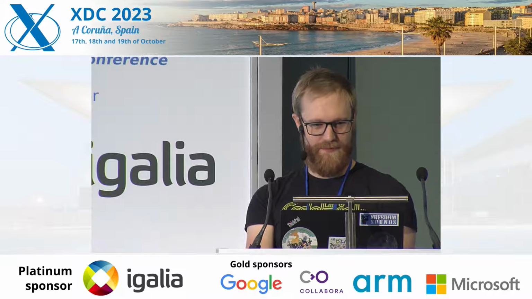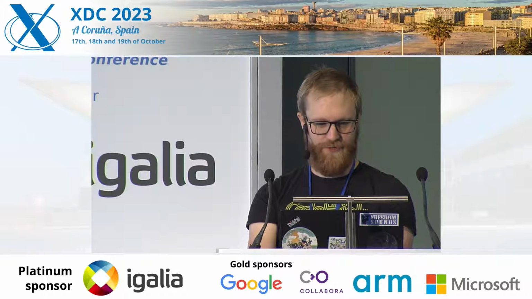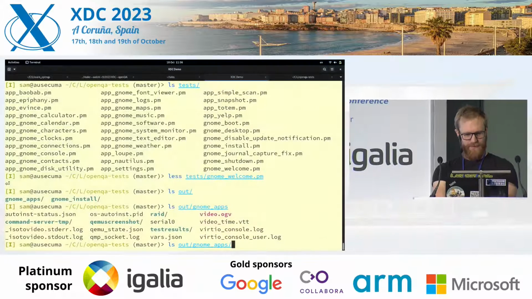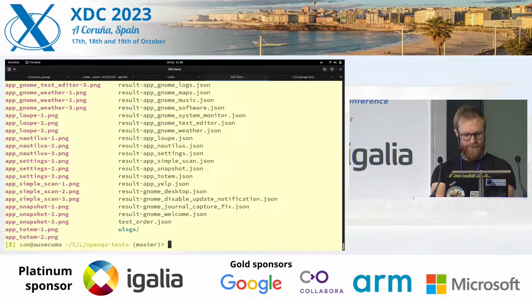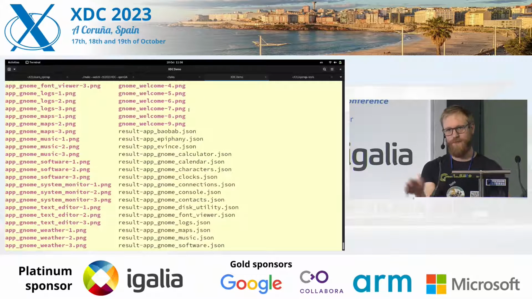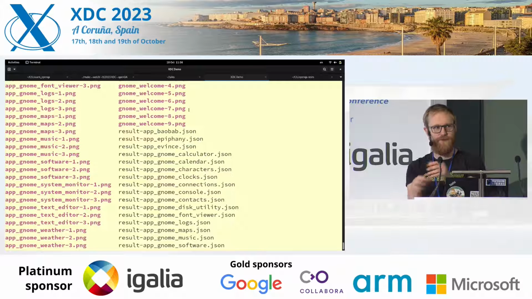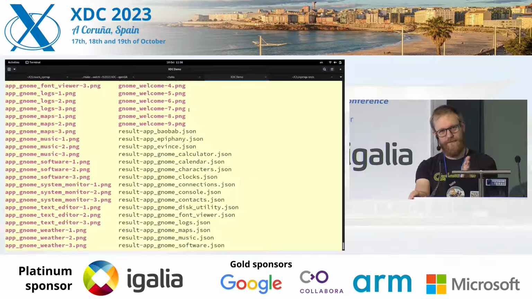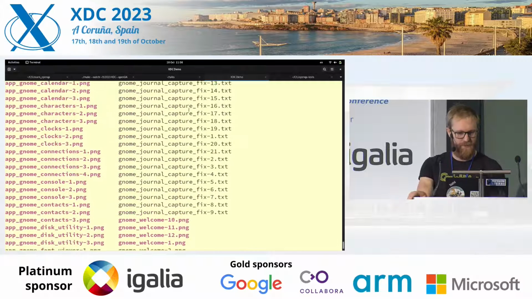Any more questions? If there isn't, I can show you what you get in the output directory. So once you've run the tests, you get various logs of the test runner, and then all of the screenshots and some JSON metadata saying which bit matched and which one didn't. So the web UI uses this to render that slider of, okay, this part matched and this part didn't. But you can also use the raw data if you want.